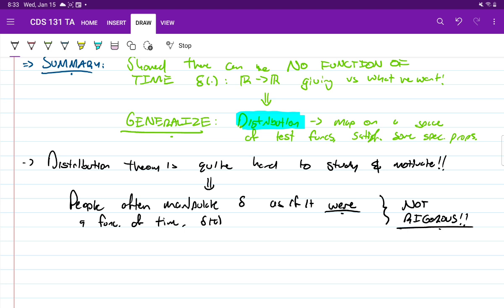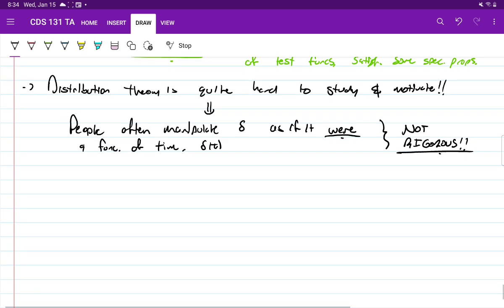So, just because this is something that you might often encounter if you read another book in linear systems, I just want to lay out a couple of basic ground rules for how you would manipulate a delta if it were a function of time, okay?